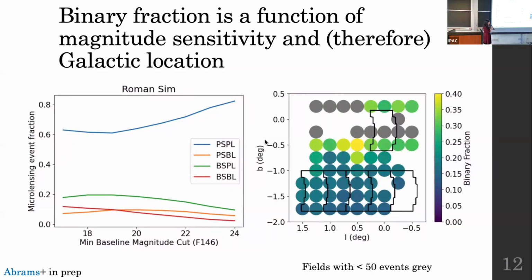And even though the effect is mostly in binary sources, there can be a lot of degeneracies when you're interpreting whether something is actually a binary source or a binary lens, depending on the source trajectory and a bunch of other factors. So it's important to take into account.